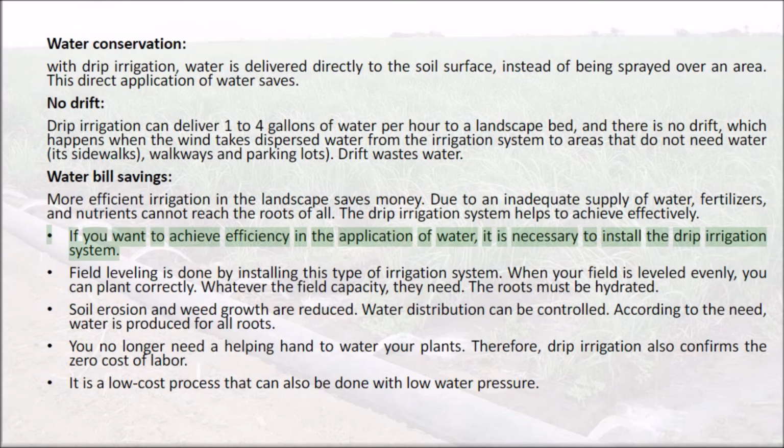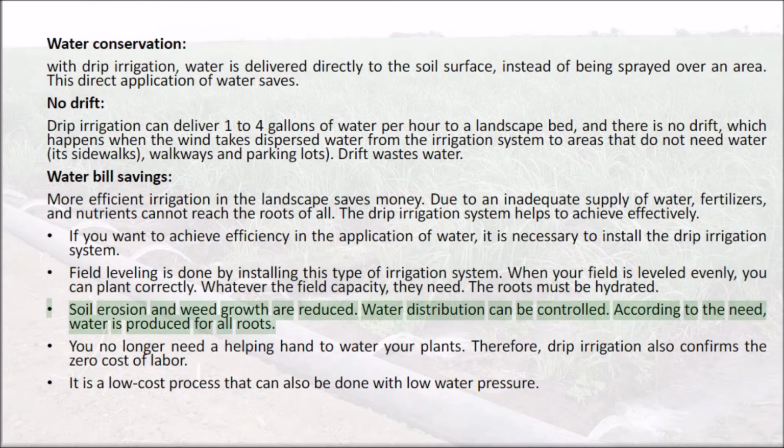If you want to achieve efficiency in the application of water, it is necessary to install the drip irrigation system. Field leveling is done by installing this type of irrigation system. When your field is leveled evenly, you can plant correctly. Whatever the field capacity, the roots must be hydrated.